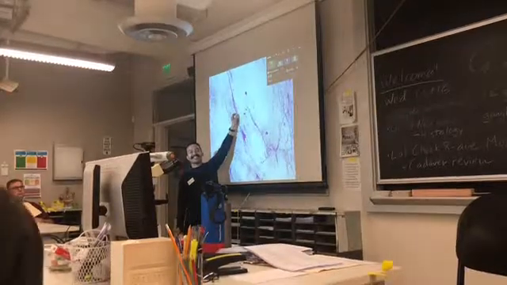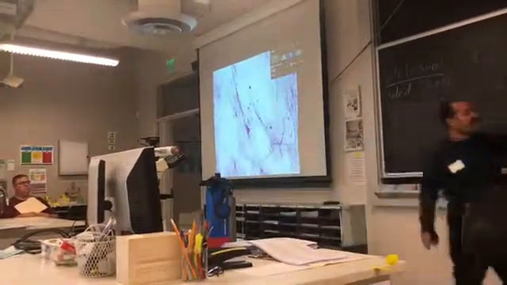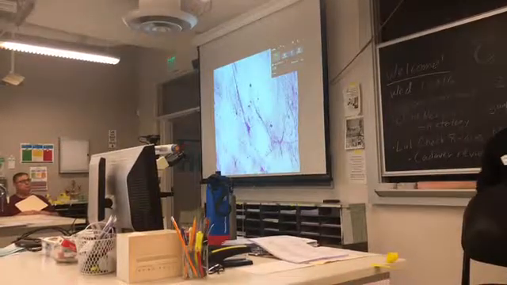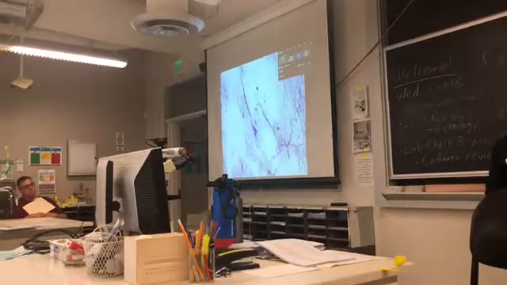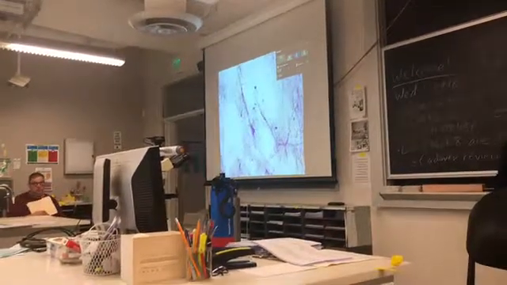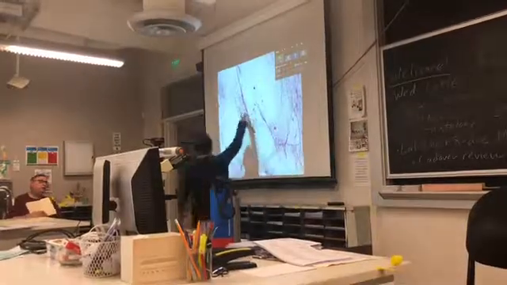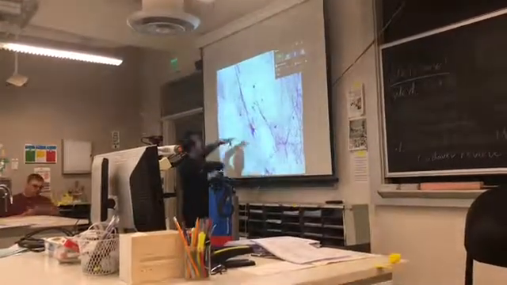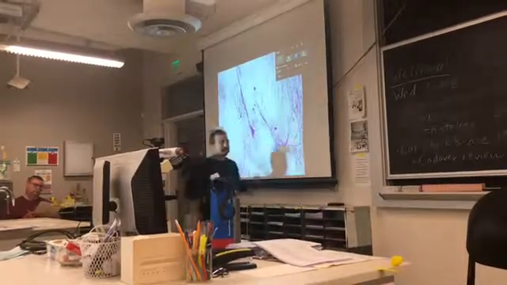Schwann cells. Remember, motor neurons, their axon extends into the peripheral nervous system. And if you have a peripheral axon that's myelinated, it's covered by Schwann cells. So these are nuclei running along that axon of a motor neuron.